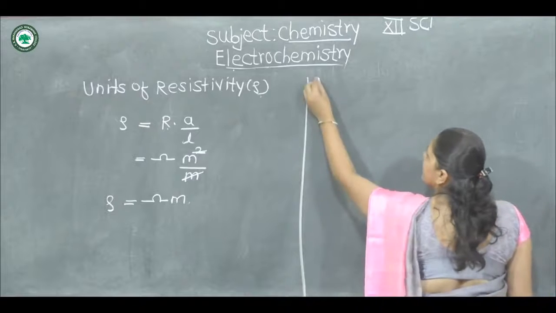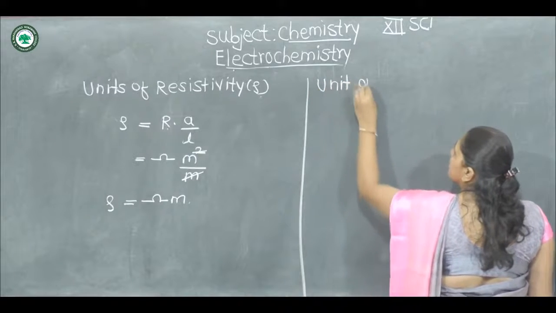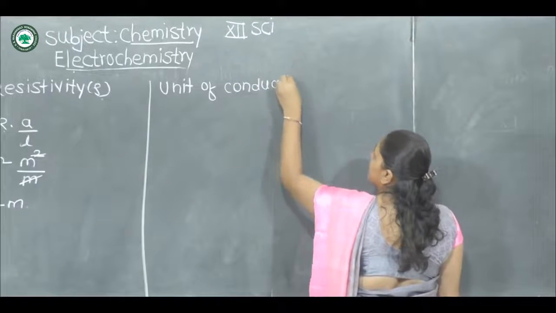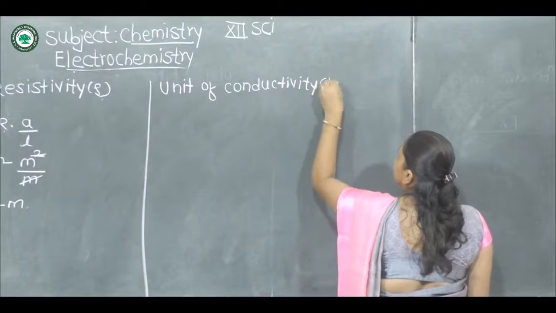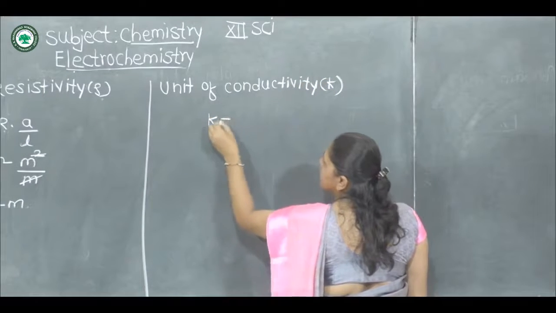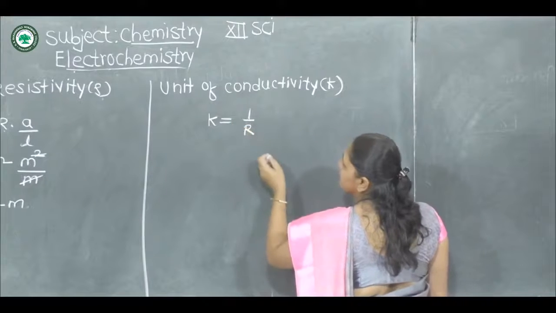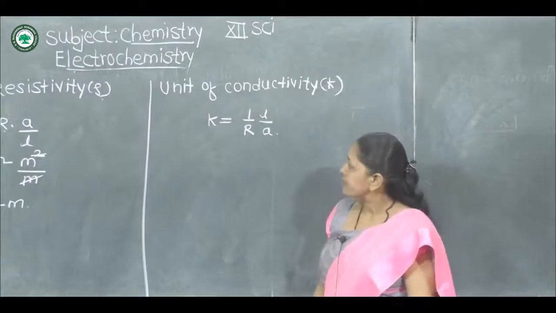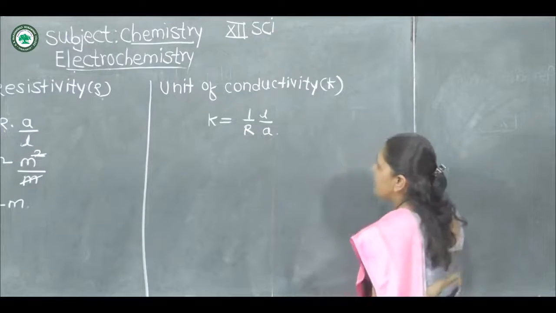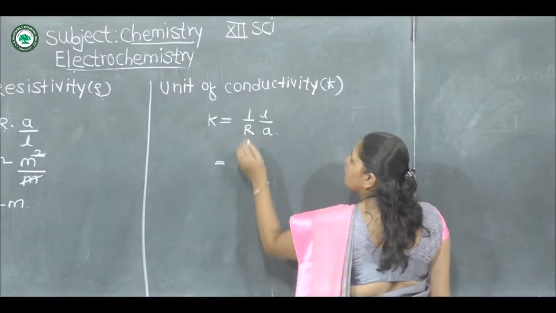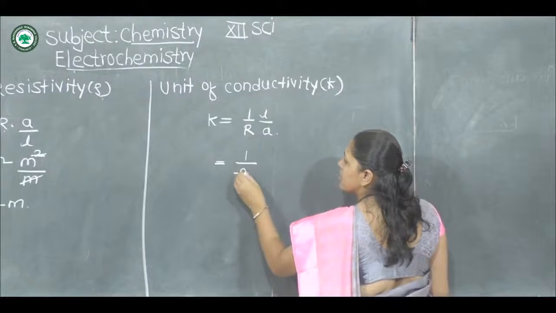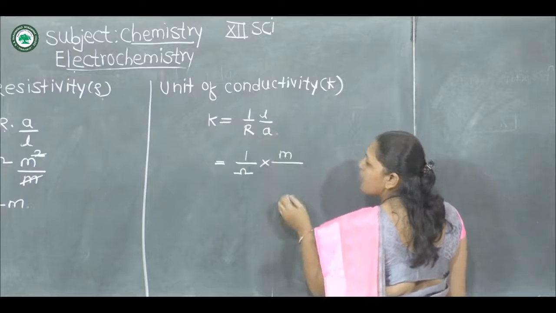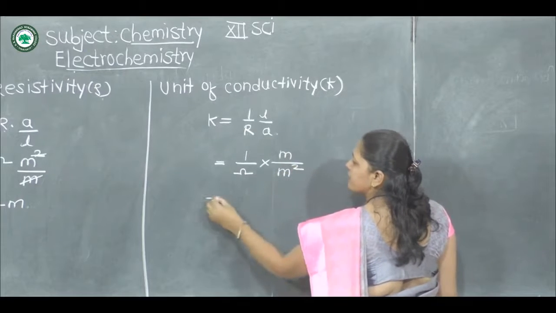Then unit of conductivity, that means K. We know that K is equal to 1 upon R into L upon A. Here we know that the unit of resistance is ohm, unit of length is meter divided by unit of area, meter square.